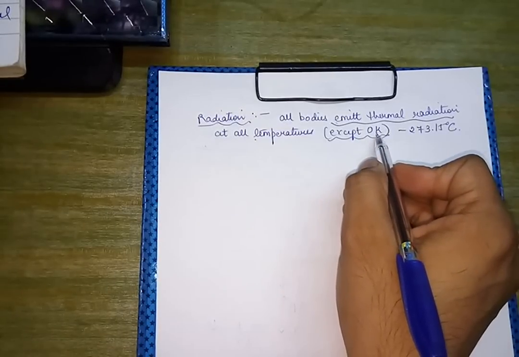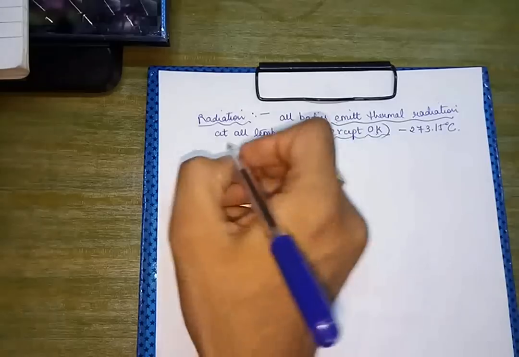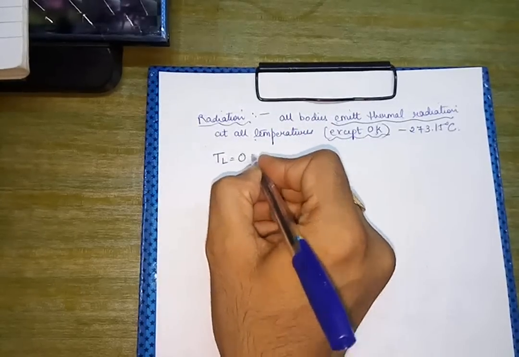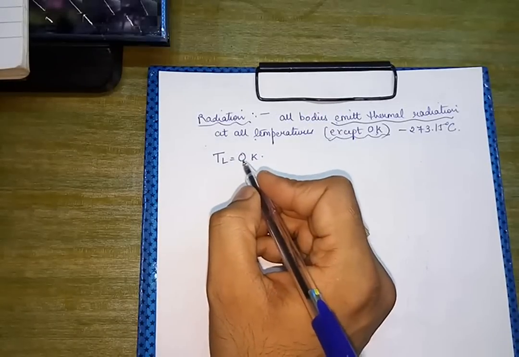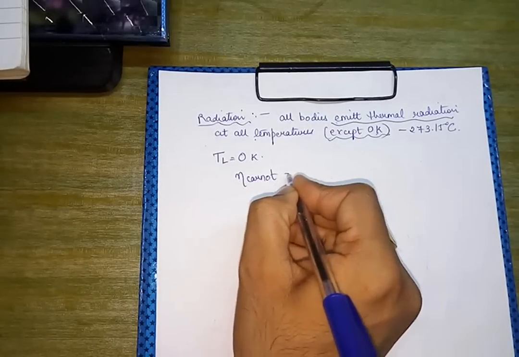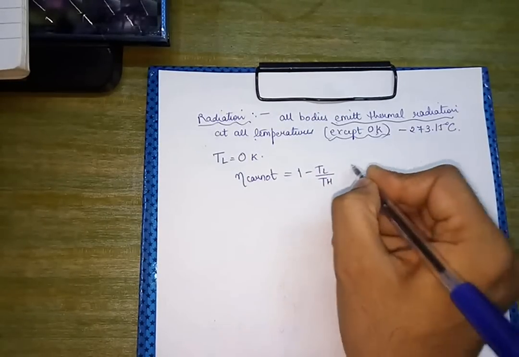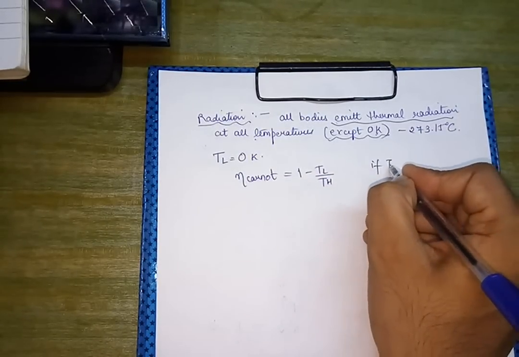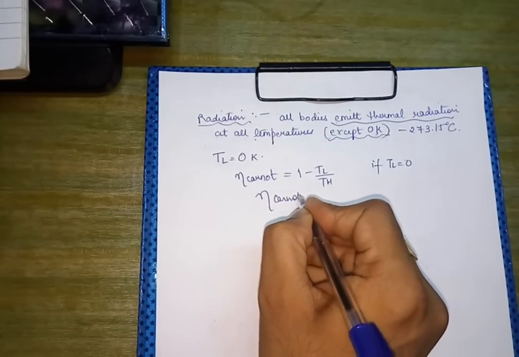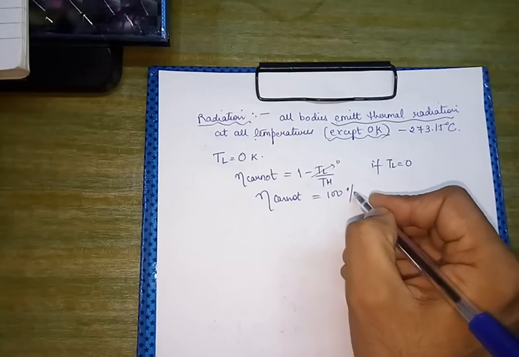Because if the lowest temperature equals 0 Kelvin, then if we look at Carnot efficiency, 1 minus T low upon T high, and if T low equals 0, then this becomes 0, and the Carnot efficiency becomes 100%.